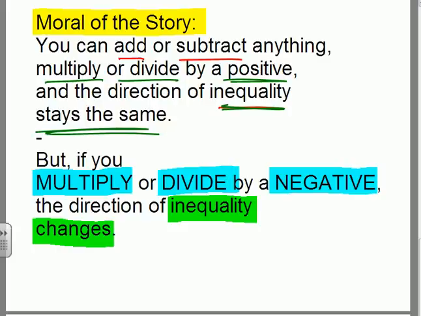So that's not very interesting. It's the second part that gets kind of fun. When you multiply or divide by a negative, that's when the direction of inequality changes. So it's only when you multiply or divide, and it's only when it's by a negative number.